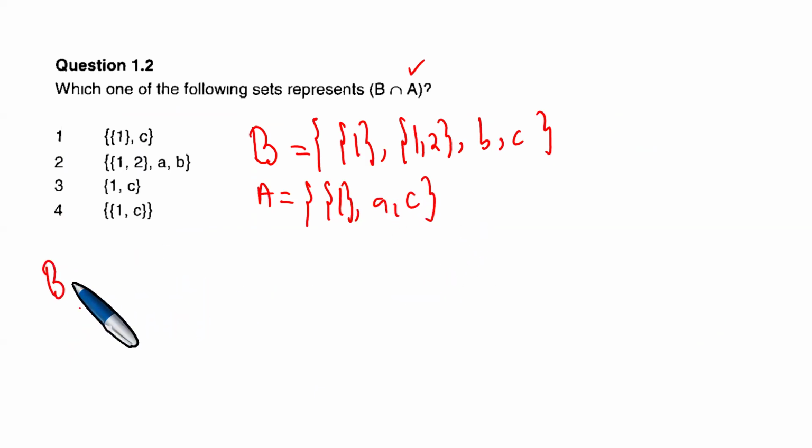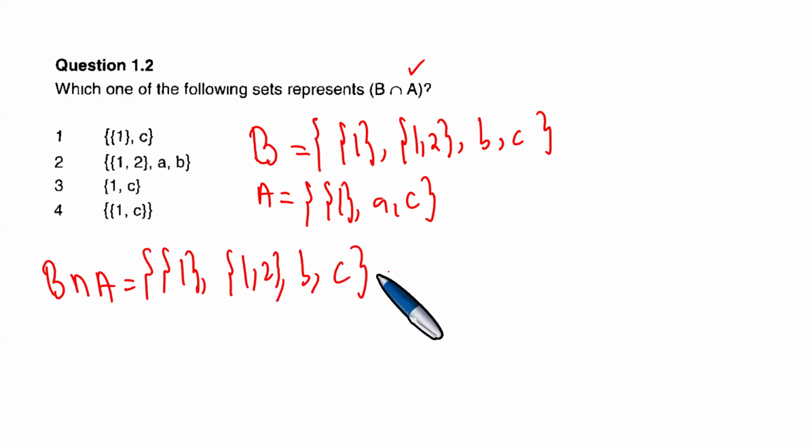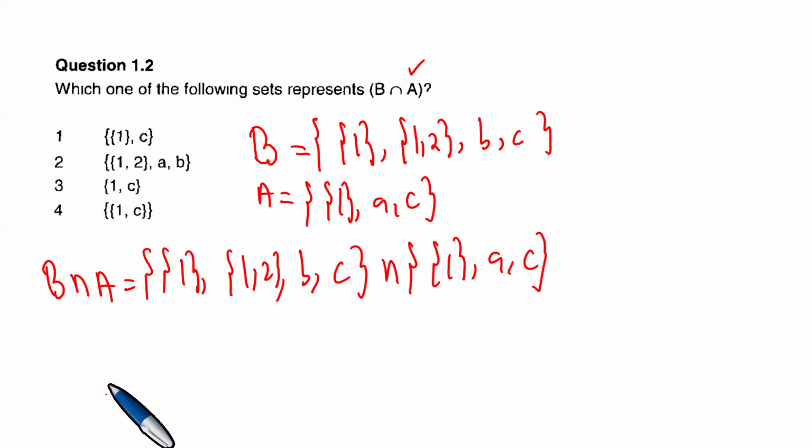We continue to perform the set intersection, and therefore we list the elements in order: 1, 2, B, and C. We find the intersection with 1, A, and C. We pause to reason and say what elements are common in both sets.